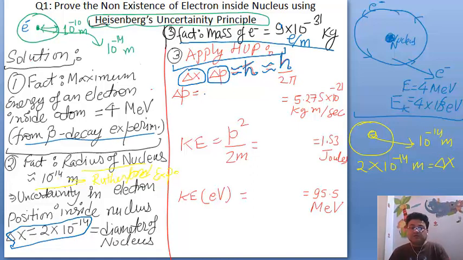So delta p from this relation can be written as h upon 2 pi divided by delta x. So we have this relation with us.